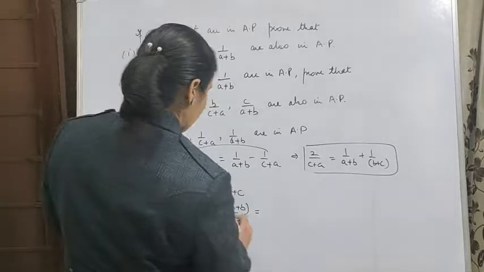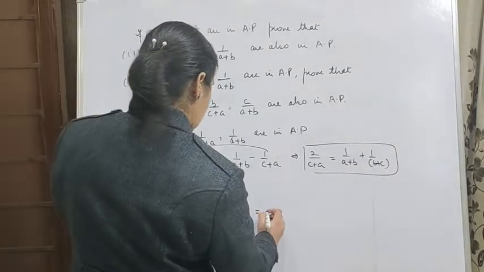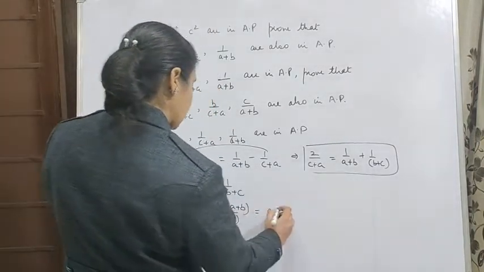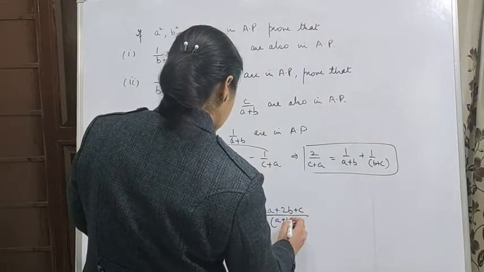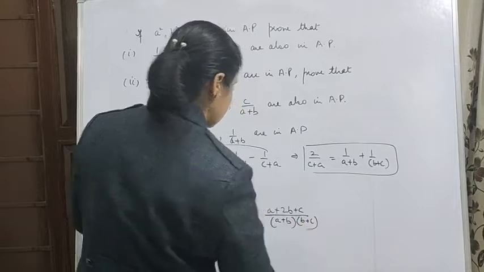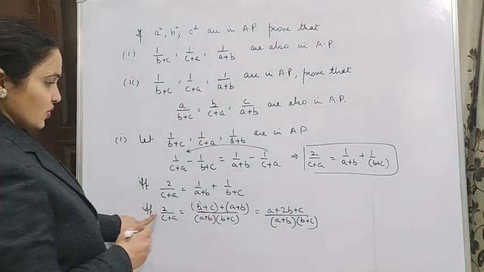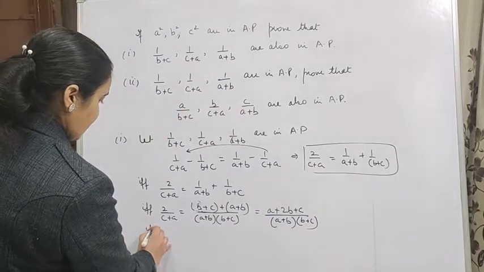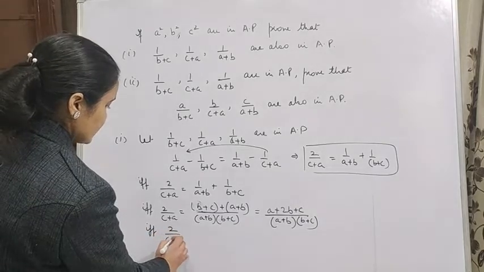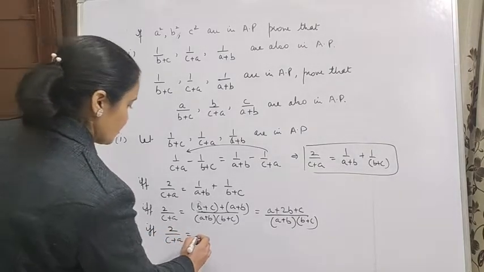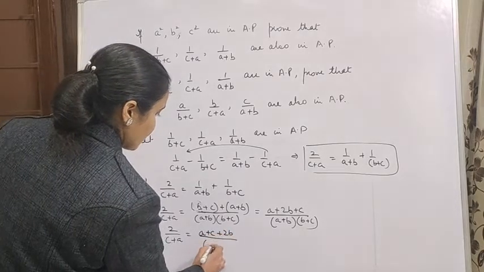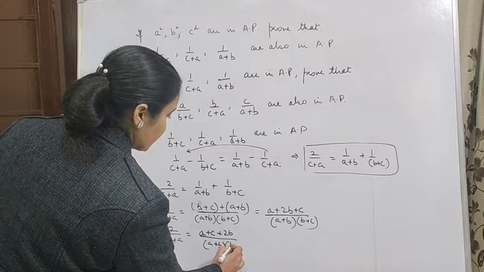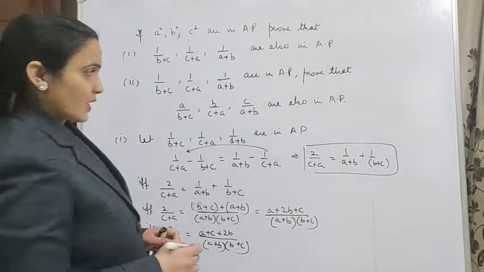So this is what you get, this is equal to A plus 2B plus C upon A plus B, B plus C. So if and only if we have 2 upon C plus A is now equal to A plus C plus 2B upon A plus B, B plus C. Clear?